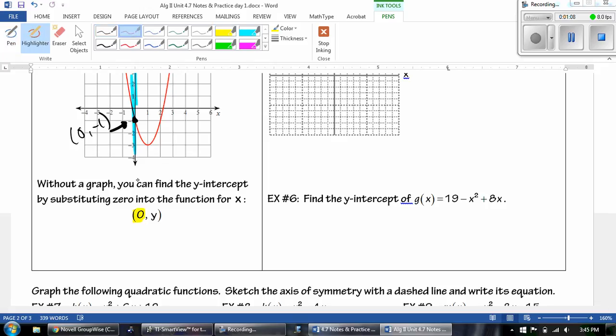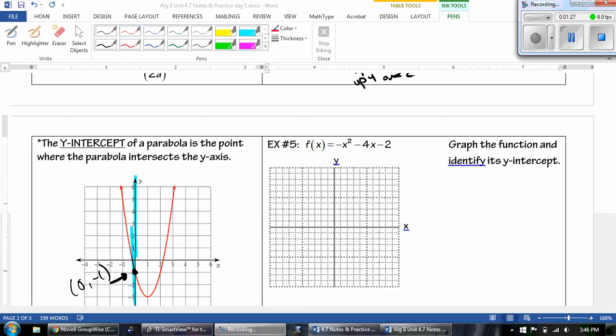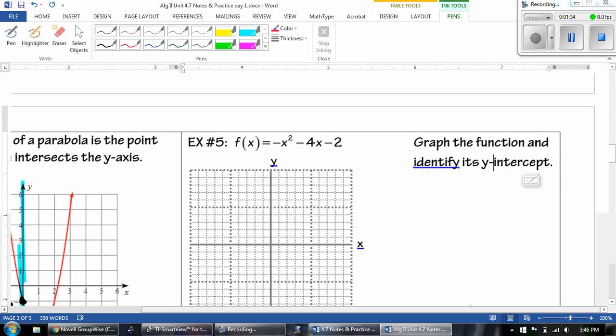So we would plug in and find y, okay? So let's go ahead and take a look at number 5. For number 5, we need to graph the function and identify its y-intercept.